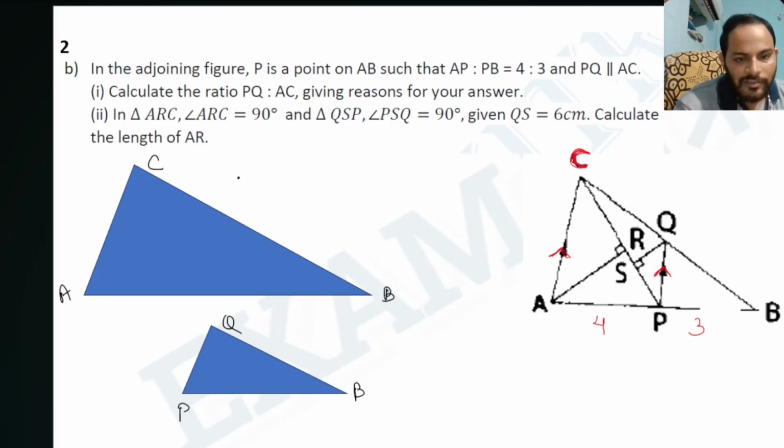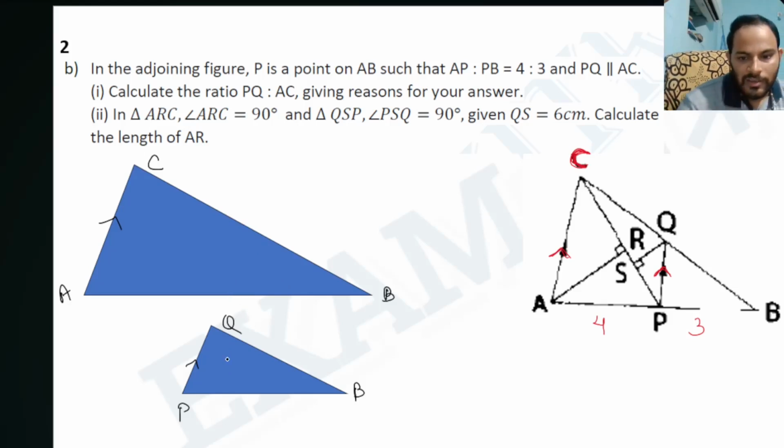Now see, it is saying that AC is parallel to PQ, and again AP is to PB, that we'll understand later. Can we make these two triangles similar? This is the question.